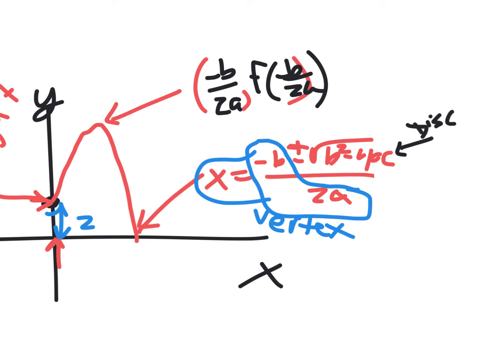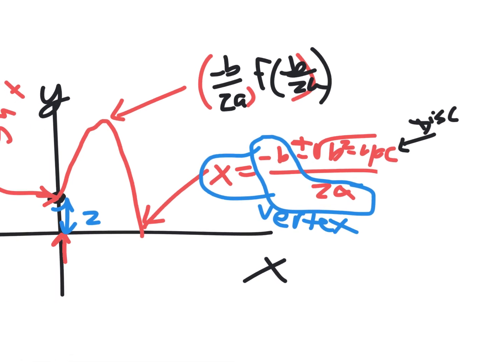The discriminant has those deals where if it's less than 0, you're square rooting a negative, which is no solution. If it's bigger than 0, it'll have 2 answers. If it's equal to 0, the discriminant just wipes out, and all you're left with is the vertex. One solution, and it's the vertex. All right. You need any more time to write this down?